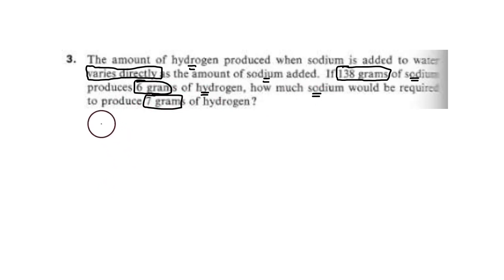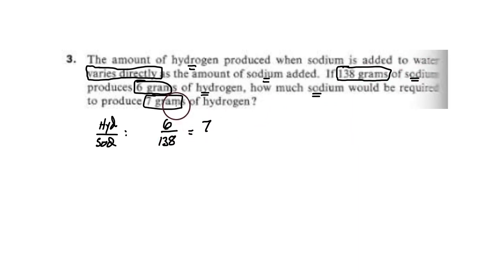I'm going to make a proportion, and I'm choosing to put hydrogen on top and sodium on the bottom. But I could do this upside down if I wanted. The 6 grams goes with hydrogen, and the 138 grams is an amount of sodium.